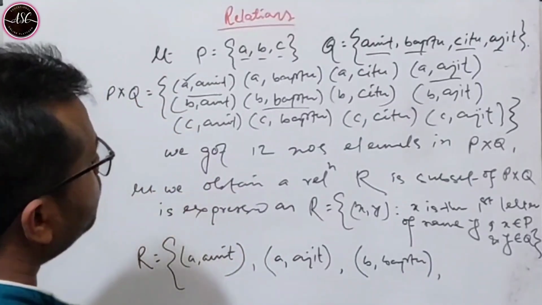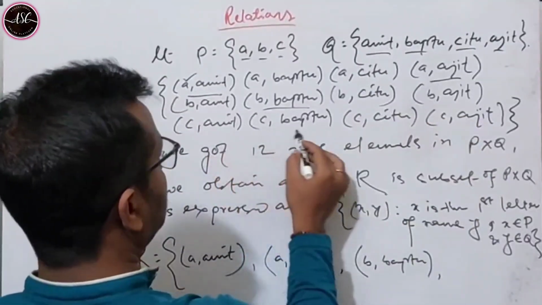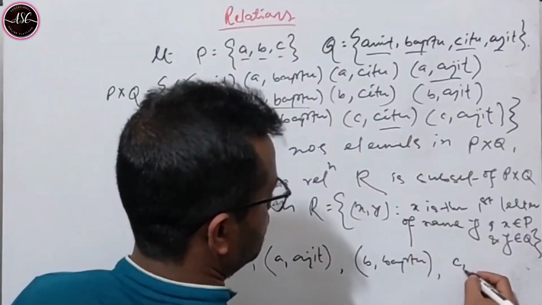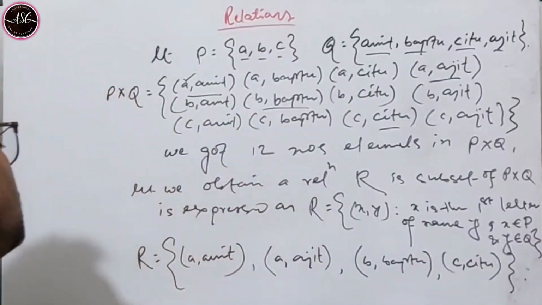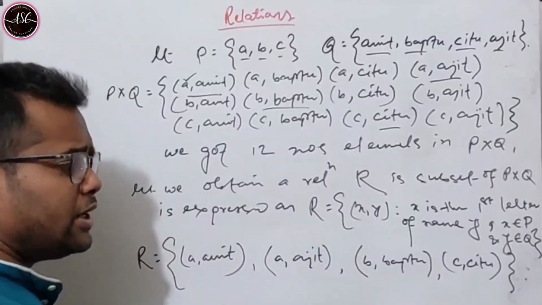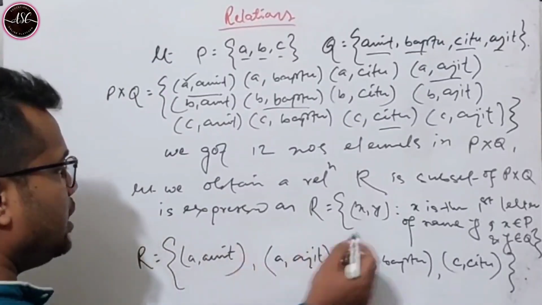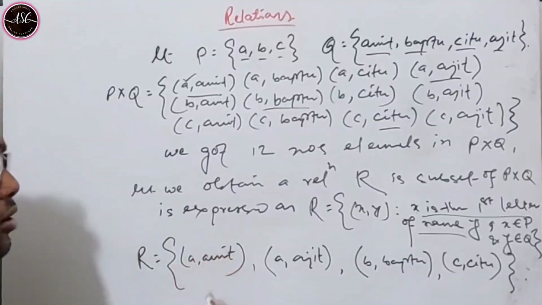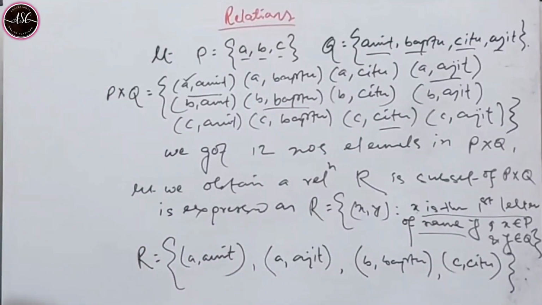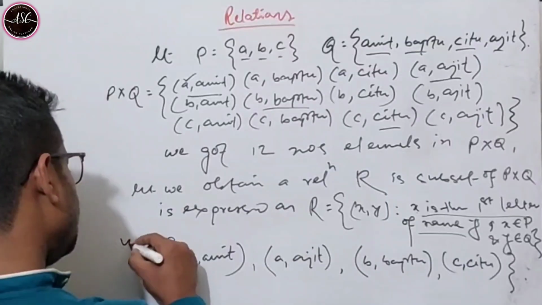Then (C, Kitu). So this relation contains 4 elements. There is a relation describing the first element with the second element. So we get this relation.